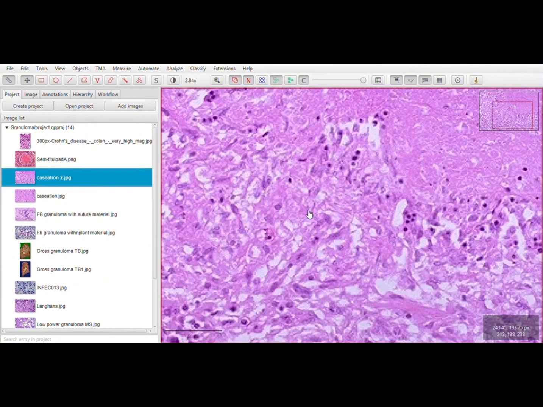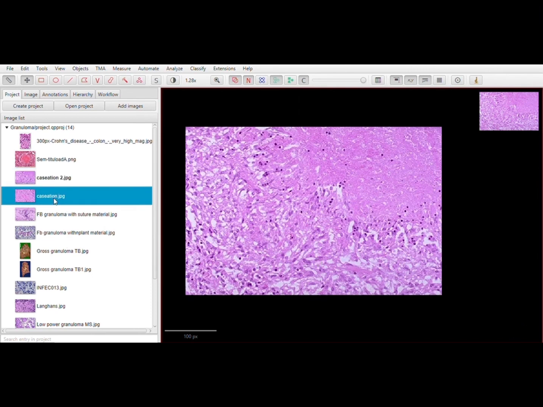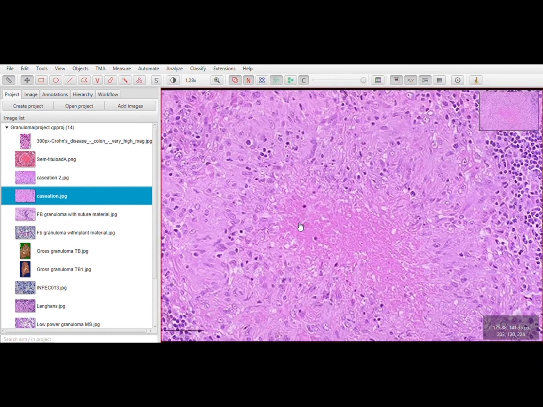These elongated cells are nothing but epithelioid cells, which are modified macrophages. Here is another closer look at caseation necrosis; this is forming a giant cell, but these elongated cells are the epithelioid cells. They have nuclei with tapering ends and indistinct cell boundaries.